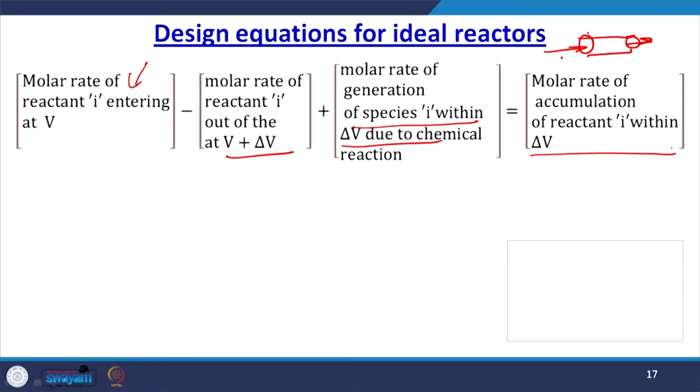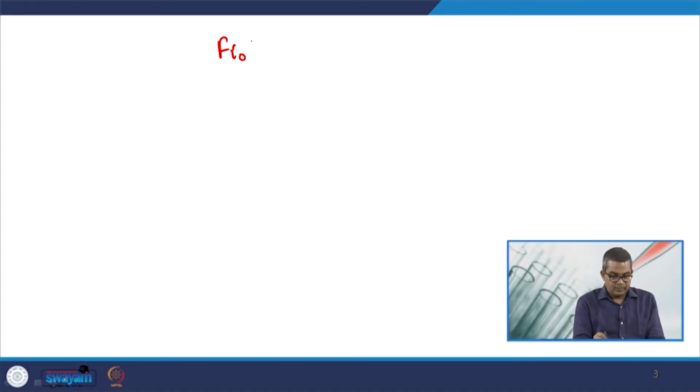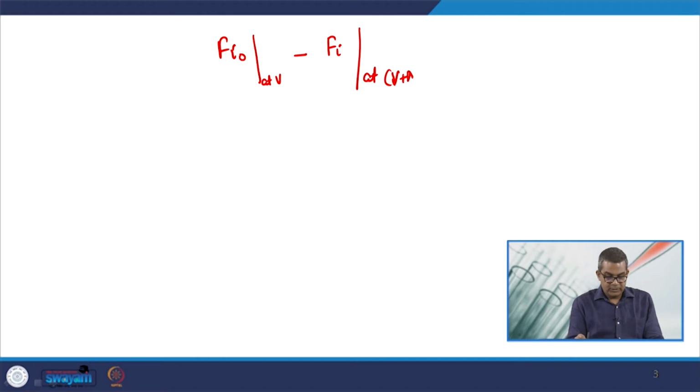So the general mole balance equation we can write like this: Fi at V minus Fi at V plus delta V.